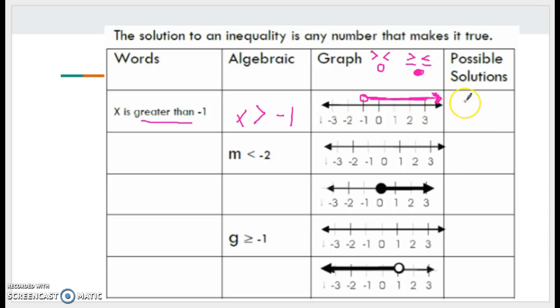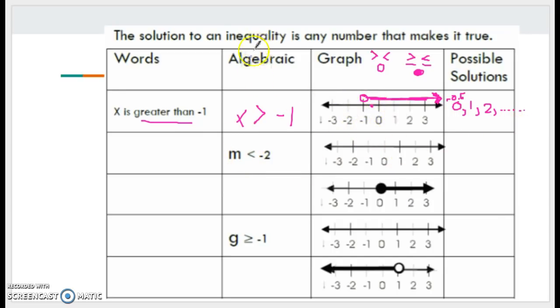So that means it could be 0, it could be 1, it could be 2, anything continuing. It can't be -1 because it has to be greater than -1, but it could be over here at -0.5, as long as it's greater than -1.